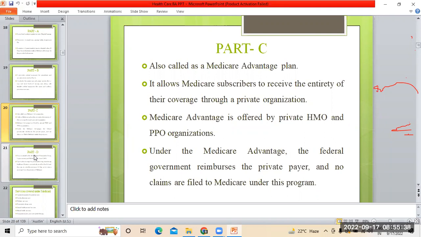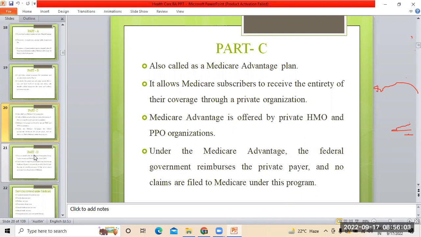In this Medicare Advantage, the plan is offered by private HMOs and PPO organizations. But the reimbursement in reference to the medical expenses will be reimbursed by the federal government in this case.